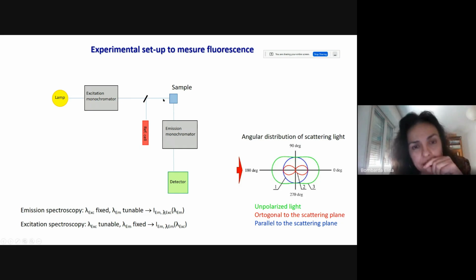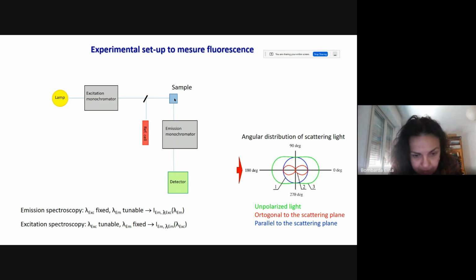In fact, the light that hits your sample will go through the excitation-emission mechanism, the Jablonski diagram that we saw before, but it is also scattered by the molecules that are in the sample, so by the solvent also.